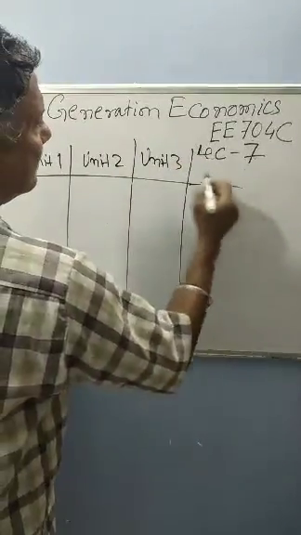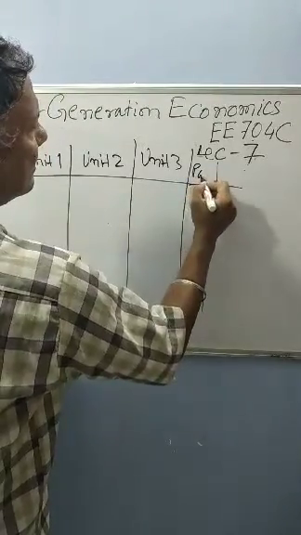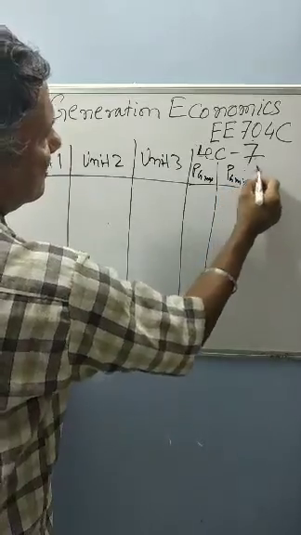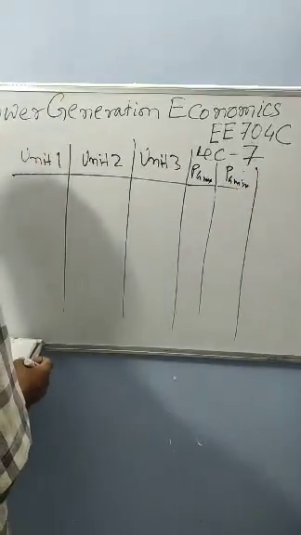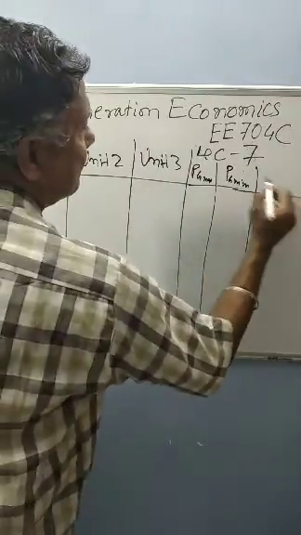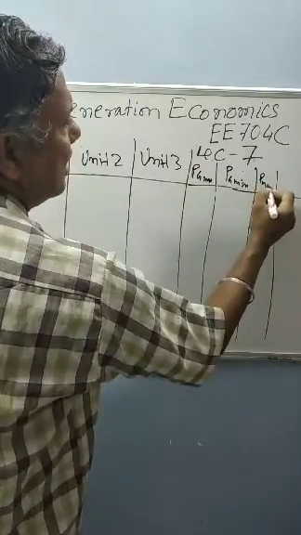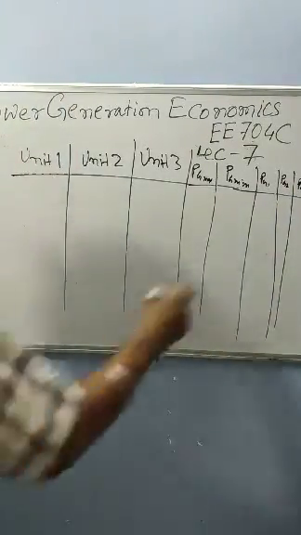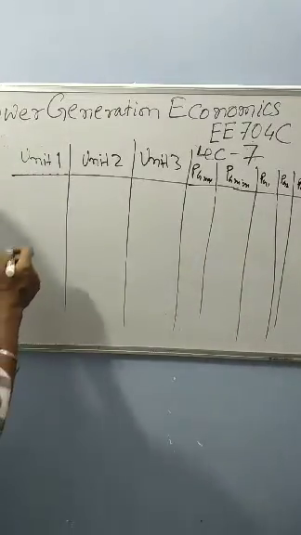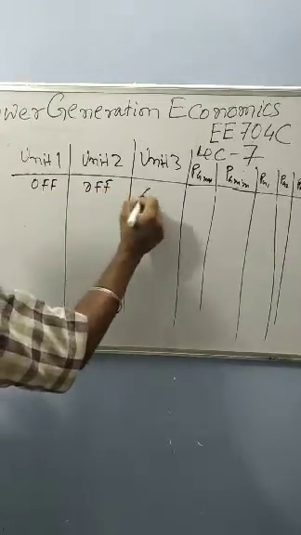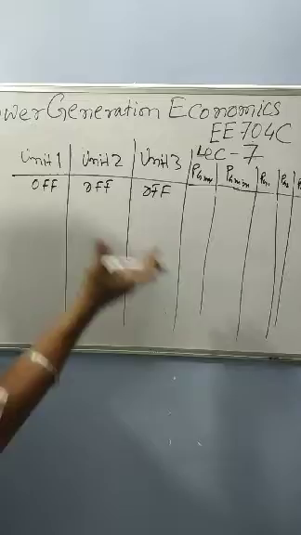And their PG maximum and PG minimum, and how much load they will satisfy, PG1, PG2 and PG3, how much amount of load, and their cost functions. So suppose all the 3 units are off, this is time consuming, then the system is not working.